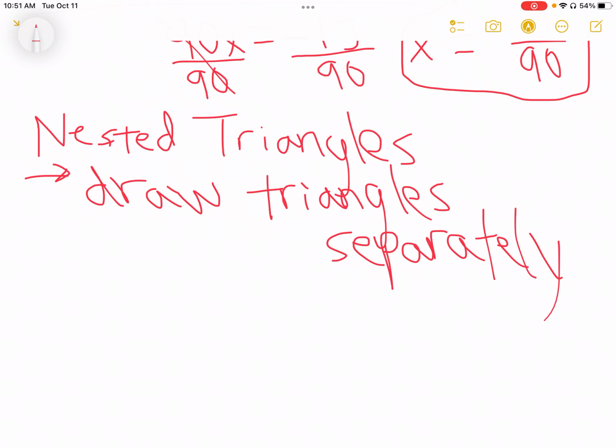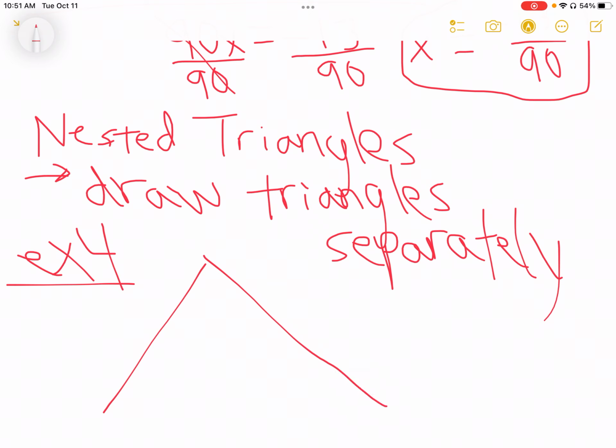So what that might look like is if I have example 4 here. Let's just draw what they gave us. In example 4, they gave us this bigger triangle like this. And then I said this top part here was a smaller triangle. So this one was 4, 7, and then it was 9 here.